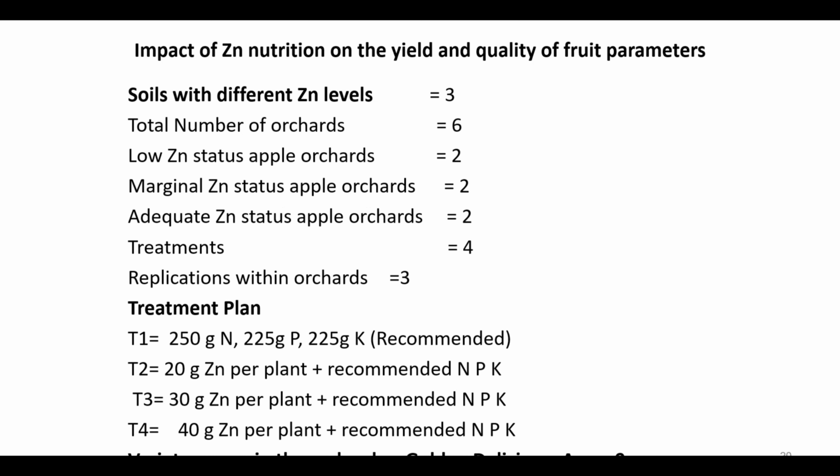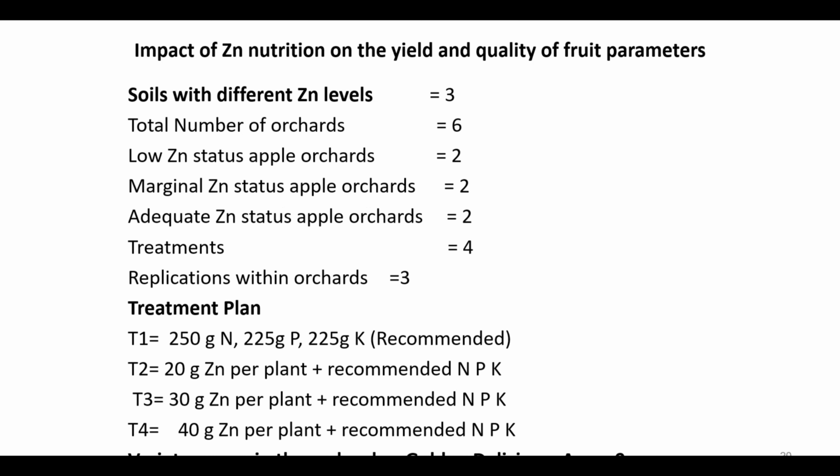Then an experiment was carried out to recommend site-specific nutrient management on a regional basis. We selected soils with different zinc levels that were low, medium, and adequate. We selected 6 orchards, 2 from the low zinc status, 2 from marginal and 2 from adequate nutrient status.